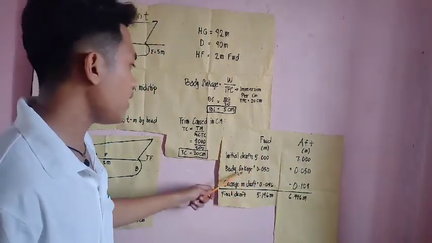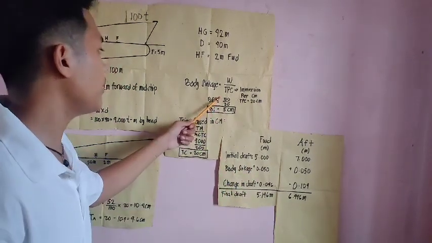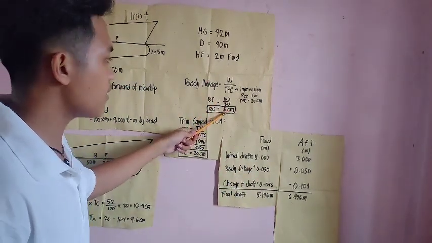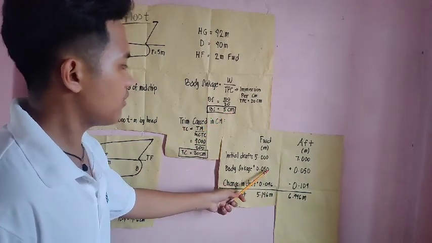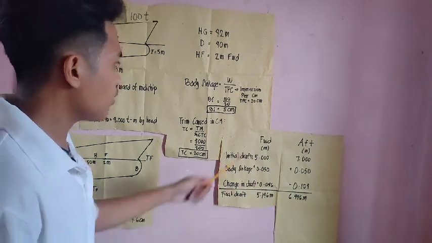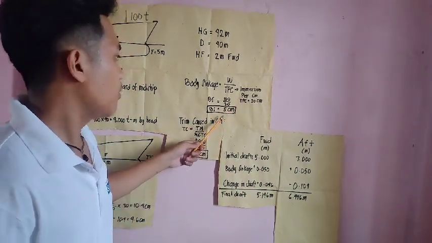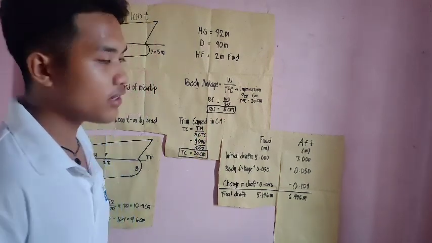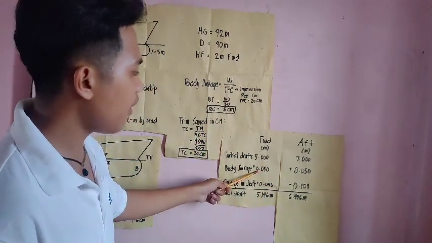So to get our bodily sinkage, we know over here that our bodily sinkage is 5 centimeters. We're going to convert the 5 cm into meters. When we convert 5 centimeters to meters, it is equal to 0.050.